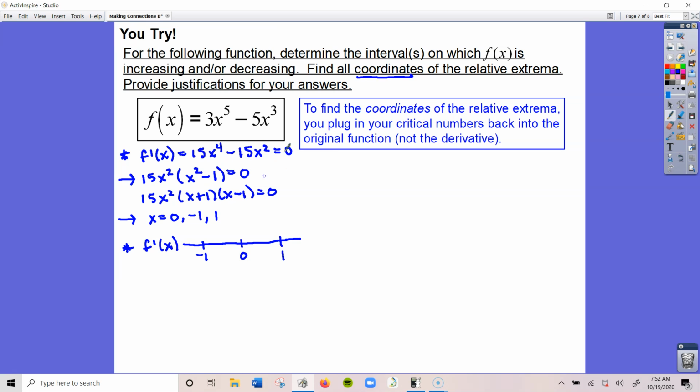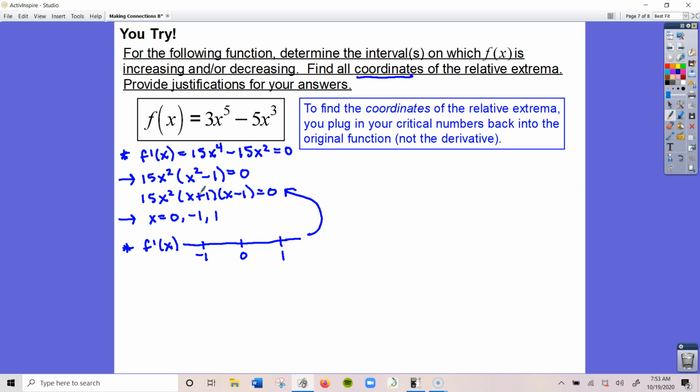Now when you plug it in, I like to plug it into the factored version, simply because since I'm only looking for the sign, it's easier to determine the sign once it's factored than by actually having to calculate the number value directly from the derivative. So if I plug in negative 2 for the left side of negative 1, this first factor will always be positive because it's squared. Then negative 2 plus 1 is negative, and negative 2 minus 1 is also negative.